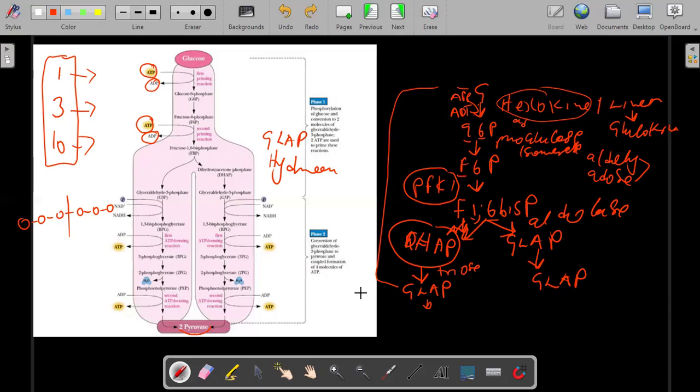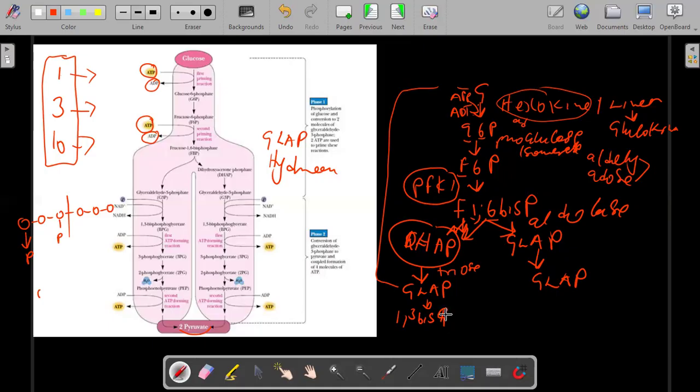Remember, glyceraldehyde phosphate is a 3 carbon molecule with a phosphate group at position number 3. Now we add another phosphate group, so we have 2 phosphate groups. So we end up with the 1,3-bisphosphoglycerate molecule.